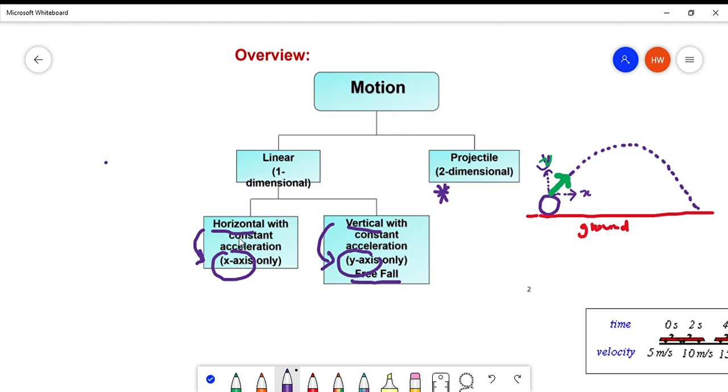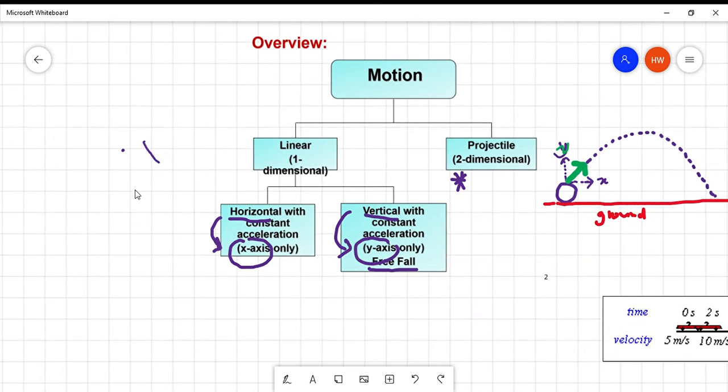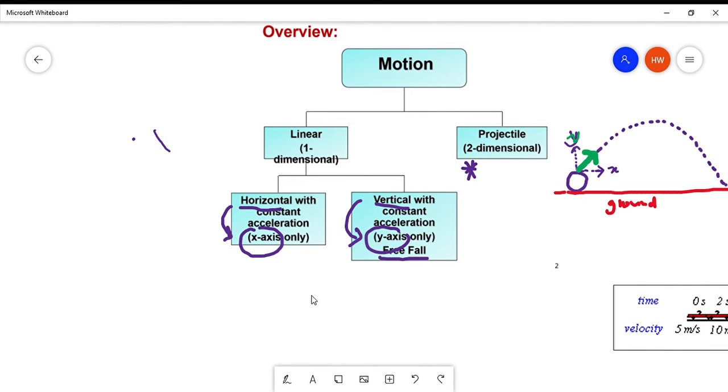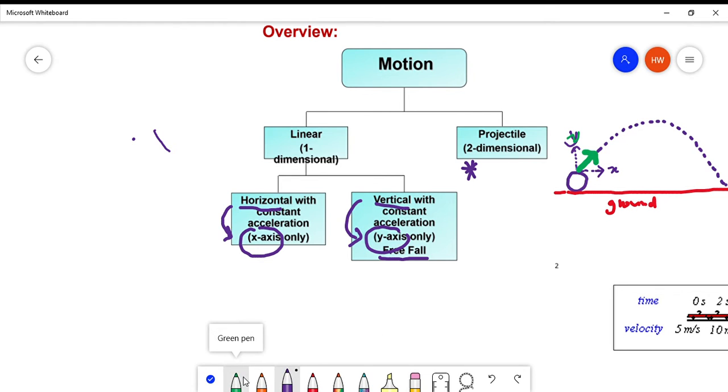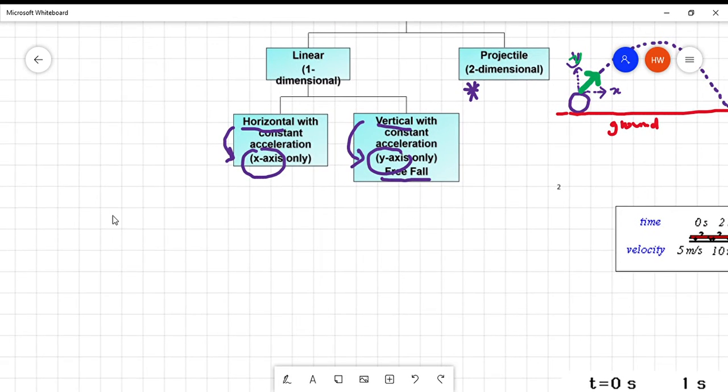Before that, let me explain what linear motion means. Who knows? In simple terms, what does linear mean? Good.